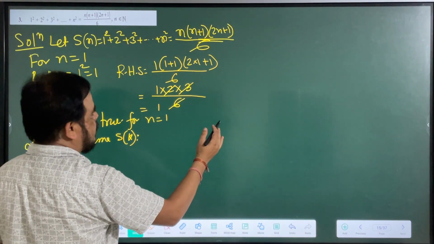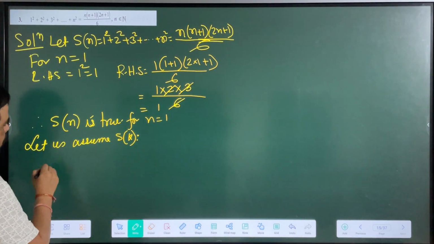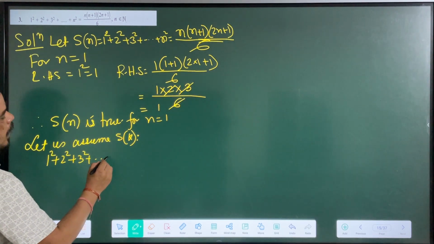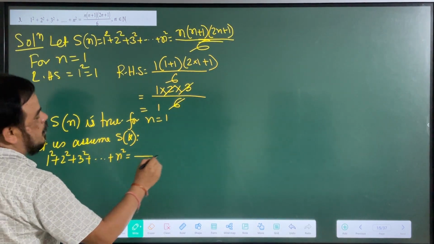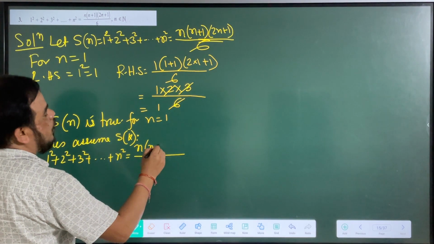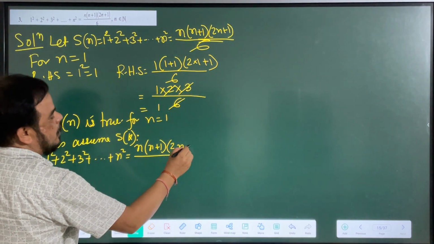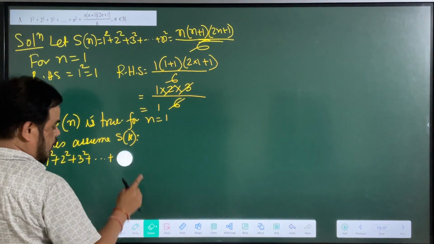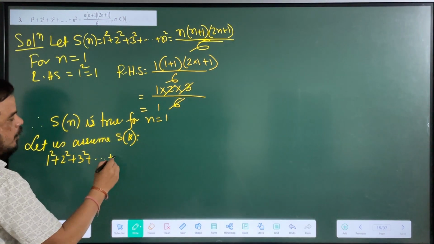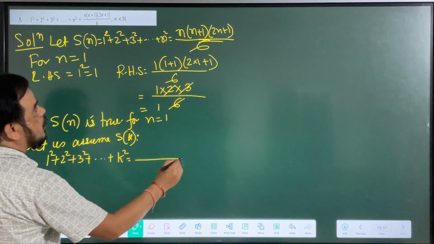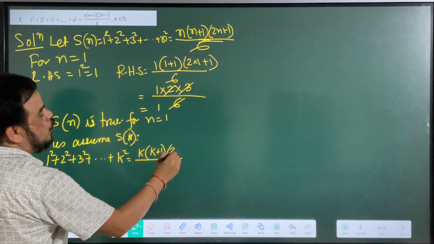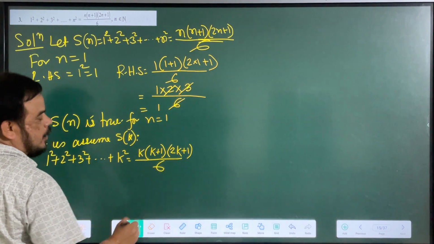There will be no space. So let me write here: 1 square plus 2 square plus 3 square plus ... plus n square is equal to n into n plus 1 into 2n plus 1 by 6. Sorry, we have to use k because it is Sk now. k square is equal to k into k plus 1 into 2k plus 1 by 6.